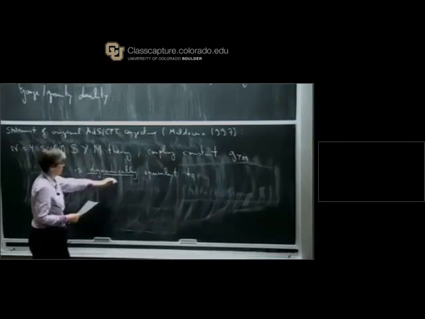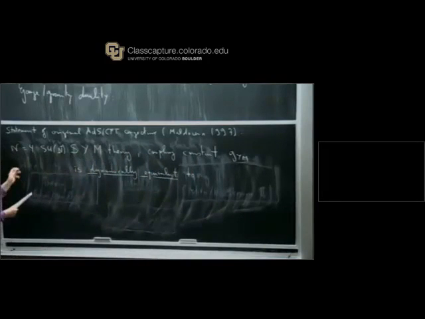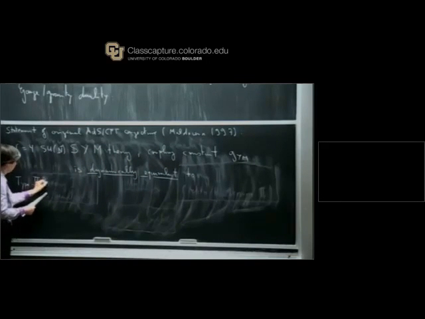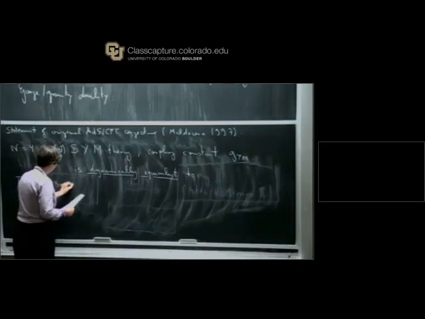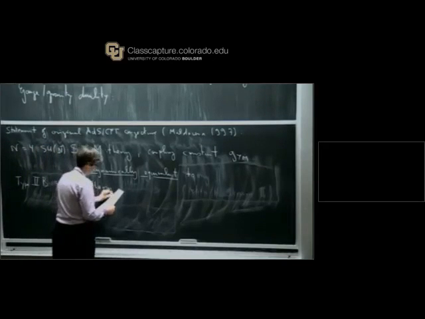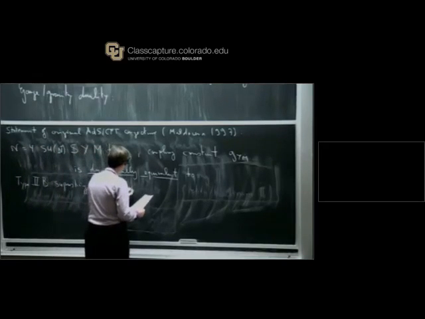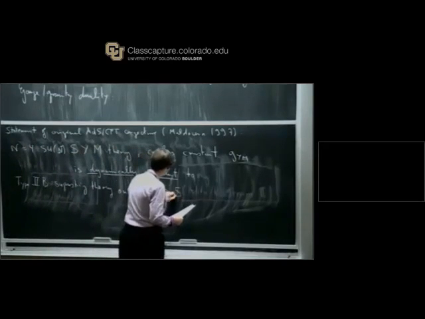We will return to what this phrase precisely means later. The original suggestion was that this theory is dynamically equivalent to type IIB superstring theory on the space AdS5, a five-dimensional anti-de Sitter space, times a five-dimensional sphere.